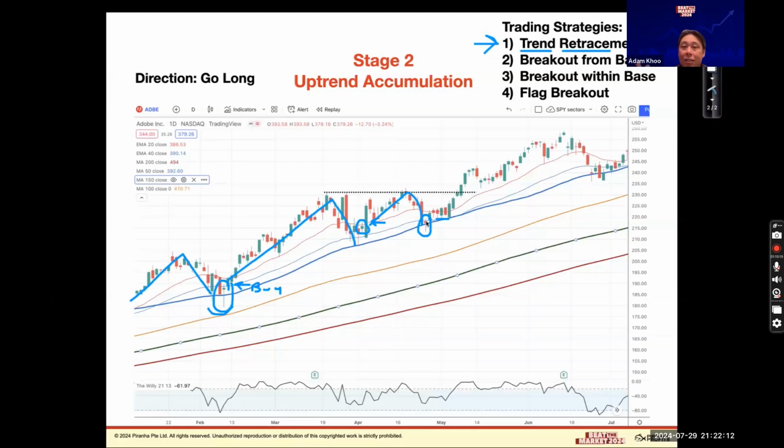So red doesn't always mean bearish. Sometimes a red candle can be bullish if it has a small body and a long tail. Here as well, wave up, wave down, and bullish candle, that's a buy entry. So with trend retracement, you buy when the price hits a moving average and you see a bullish candle. That's called a trend retracement entry.